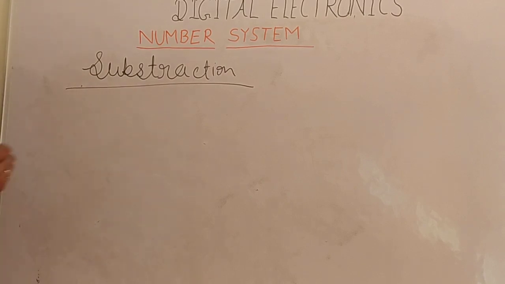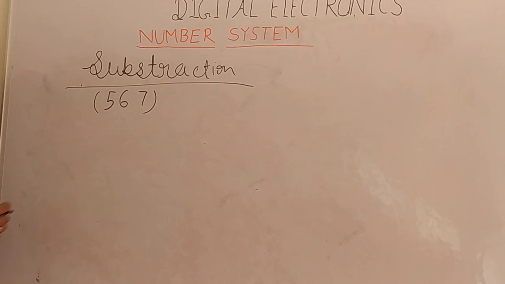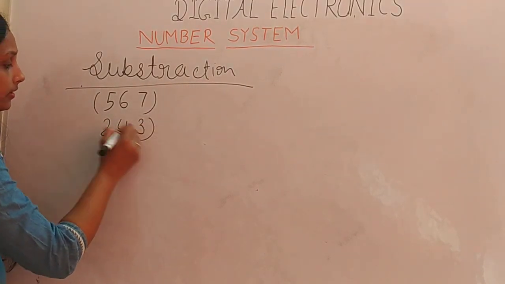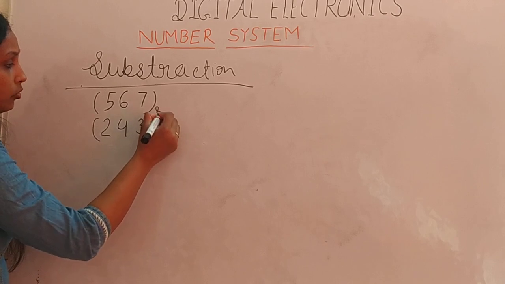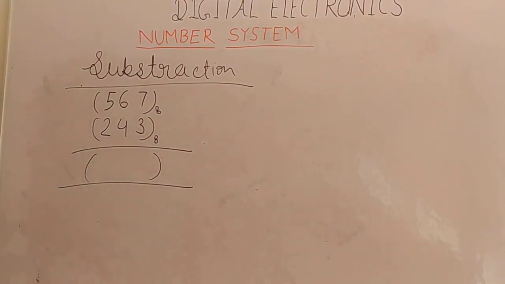Suppose we want to subtract 243 from 567. Both are octal numbers.